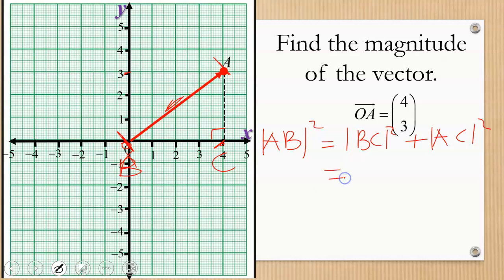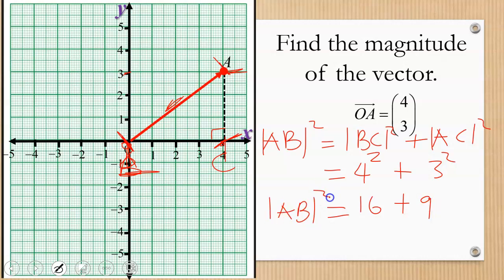Now, what is the distance BC? The distance BC is from the point here to the point here, which is 4. So that will give us 4 squared plus the distance AC, from the point here to that point here, is 3. So 3 squared. Now 4 squared will give us 16. 3 squared will give us 9. We have our AB squared here.